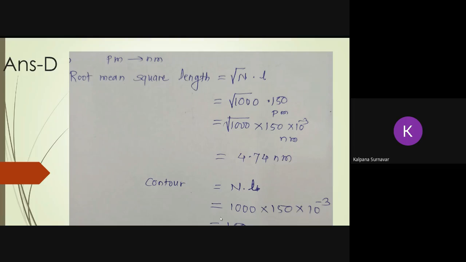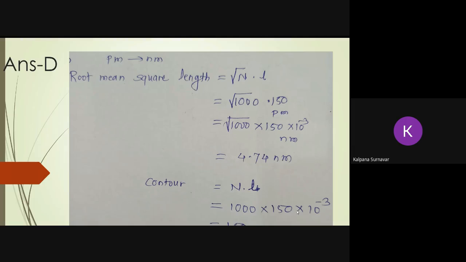So find out the answer of these two. The root mean square length calculated by us is 4.74 nanometer, and the contour of the coiled polymer, which is equal to N into L. L is taken here in nanometer instead of picometer. If you take only picometer, then convert your final answer into nanometer.